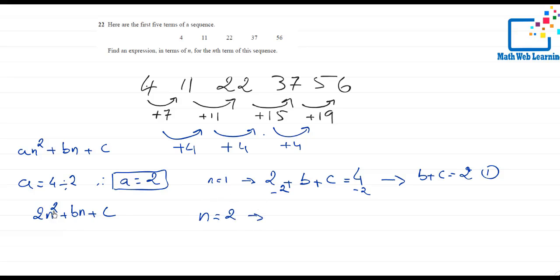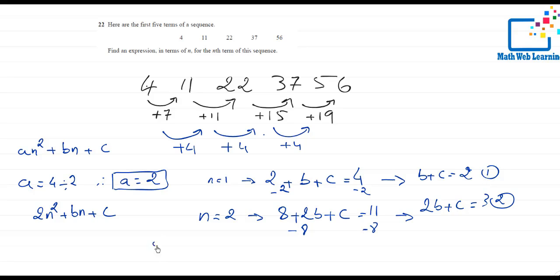So it's going to be 2 times 2 squared, which is 4, 4 times 2 is 8, plus 2 times b, that is 2b, plus c, and the second term, when n equals 2, is 11. You do minus 8 for both sides. So that gives you the second equation, which is 2b plus c equals 11 minus 8, which is 3. That's my second equation.